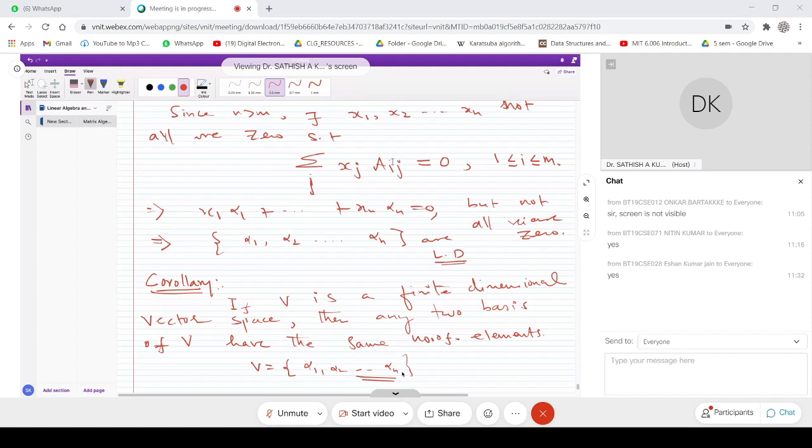But that is out of the subject. These two spaces lead to a complete subject called functional analysis in mathematics. That requires a lot of analysis, and these two subjects require another 6 months or 1 year to learn.